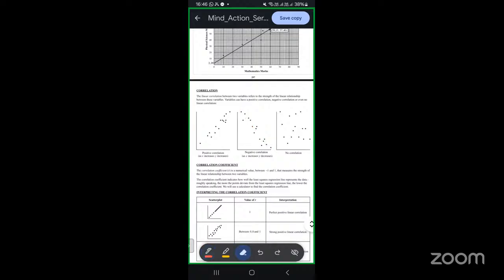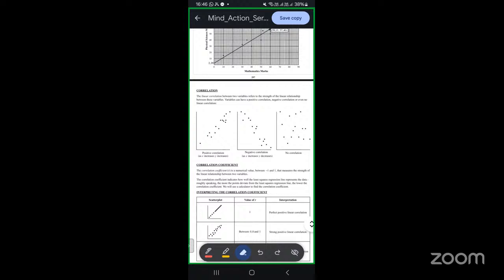Then in this one, the points occupy every space in the quadrant, so there is no linear relationship and therefore no correlation, the third one. So now, do you understand the difference between the three? Yes, sir. Are you sure? Yes, sir. Definitely, sir.